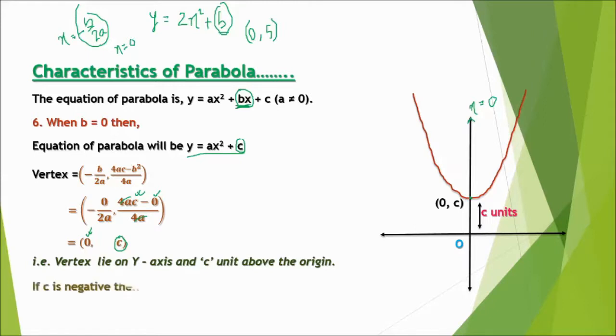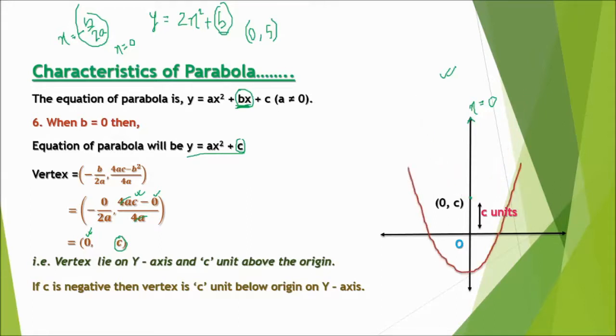Now if c is negative, then the vertex is c units below the origin in this way. Okay, see this graph carefully, because this graph will disappear and you will see another graph in this way.